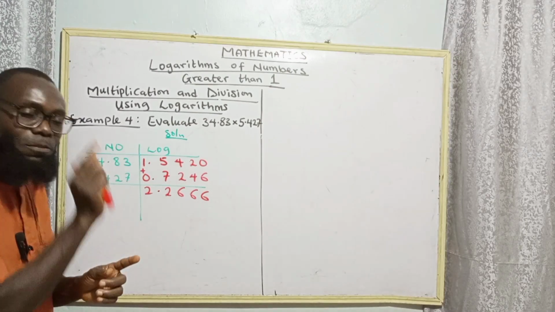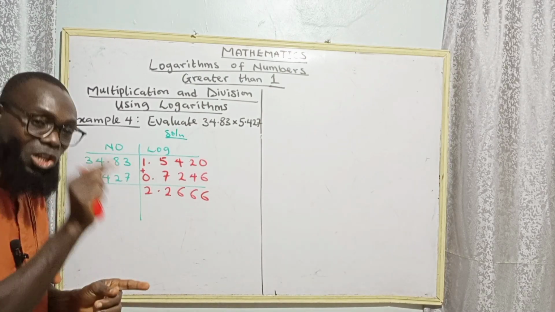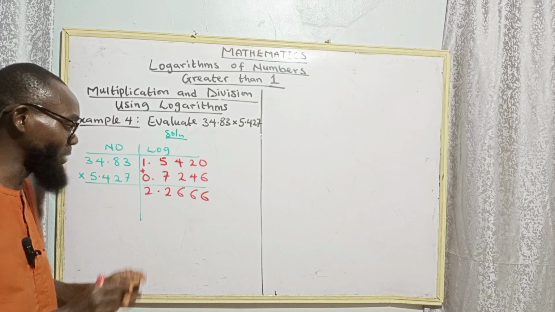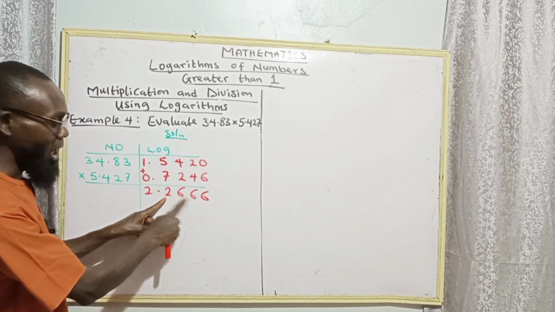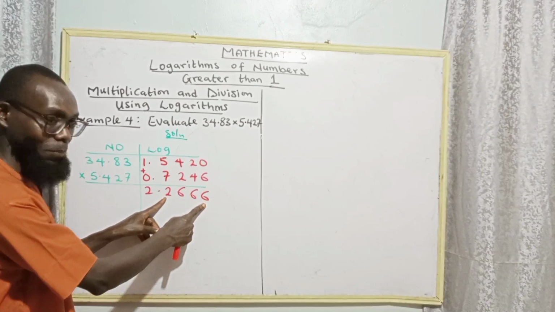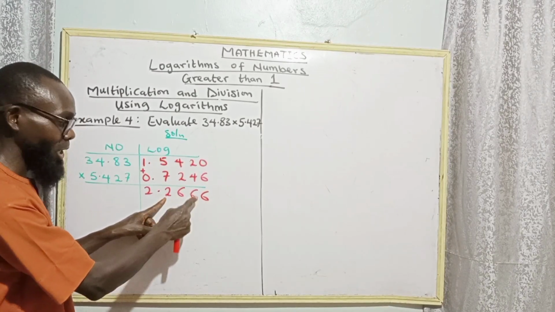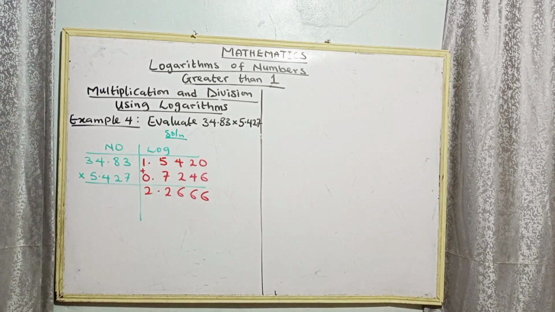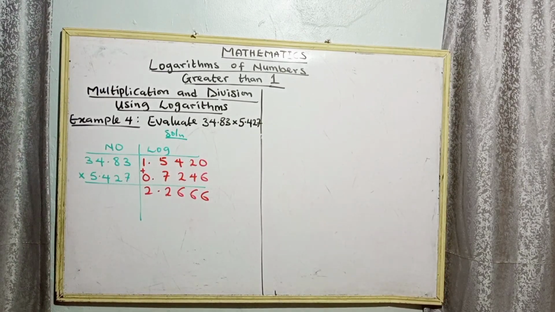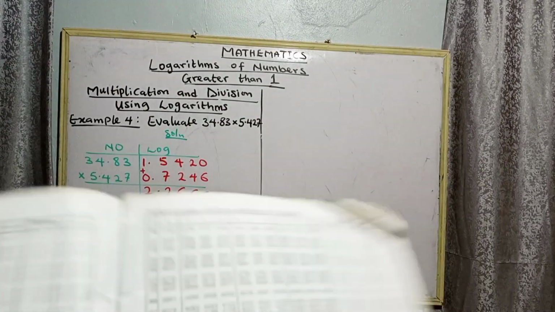The next thing is to find our final answer. Our final answer is by checking our anti-logarithm. What are you going to check? You check 0.26 under 6 difference 6. So we move on to the anti-logarithm part of it.